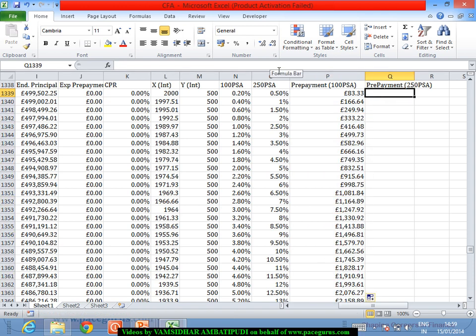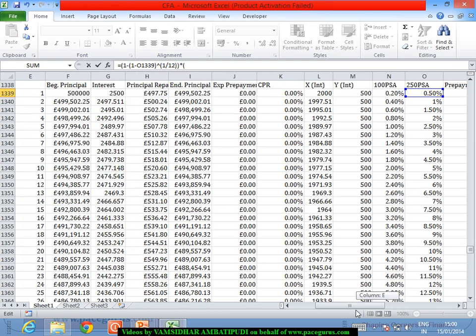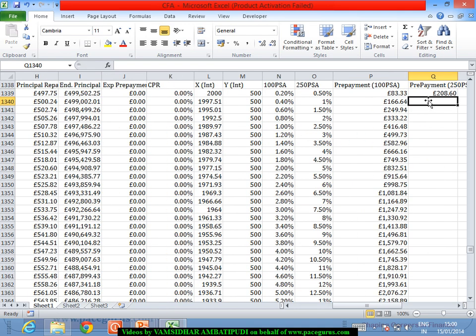And similarly here also I'll take it as 1 minus of 1 minus CPR to the power 1 by 12 times the scheduled principal, the outstanding principal minus the scheduled payment of principal.